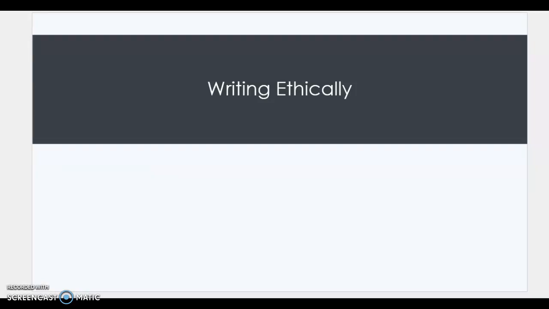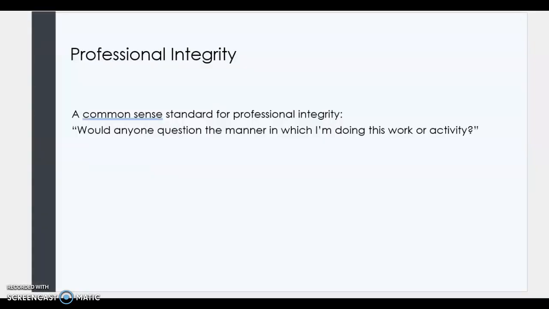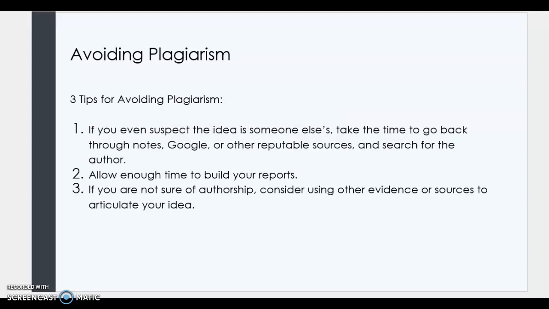Okay, so writing ethically. Professional integrity: a common sense standard for professional integrity. Would anyone question the manner in which I'm doing this work or activity? If you ask yourself that, you should be able to answer in the affirmative. If not, maybe you need to rethink.